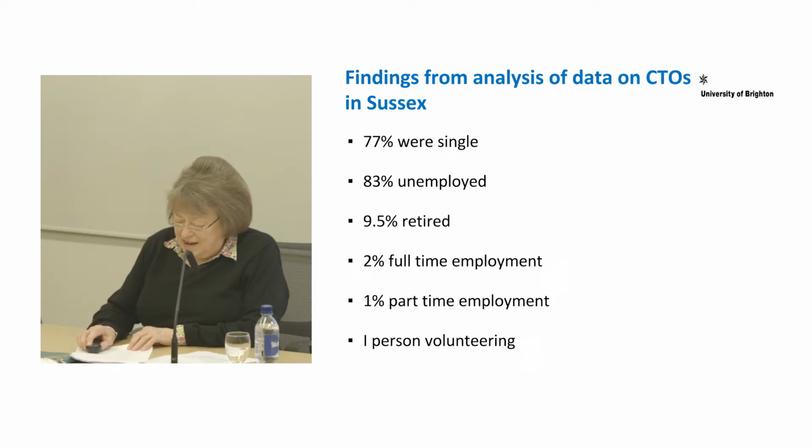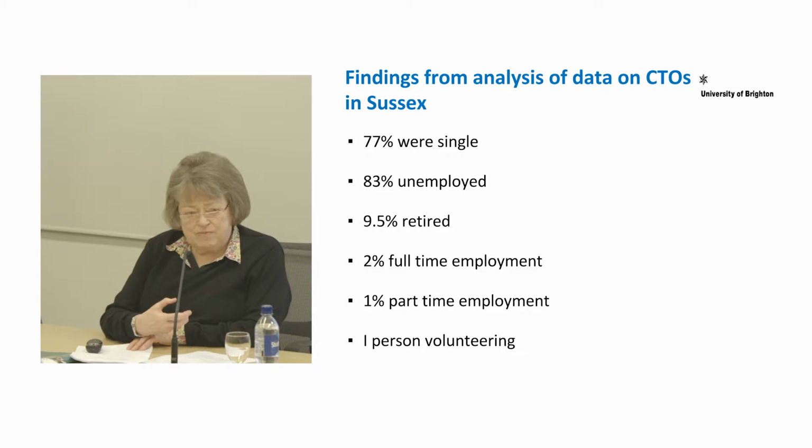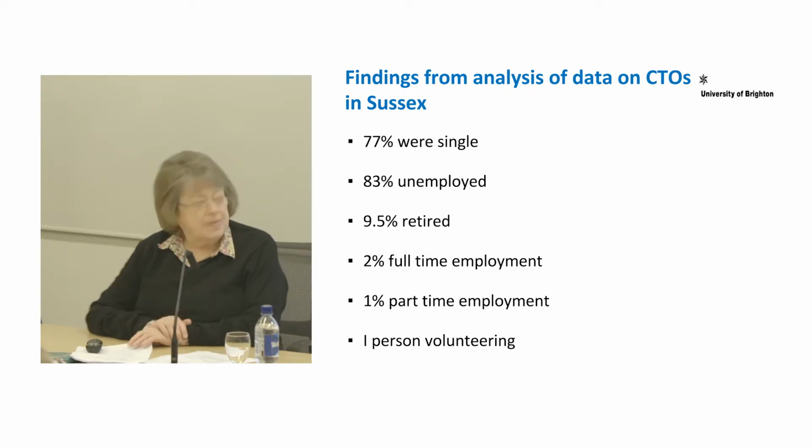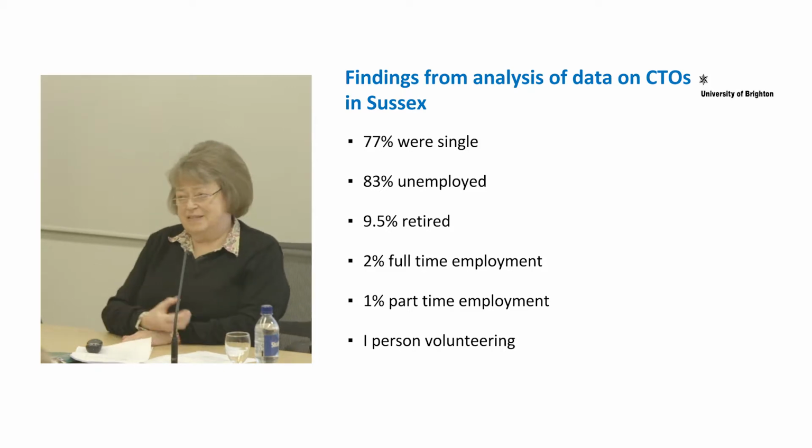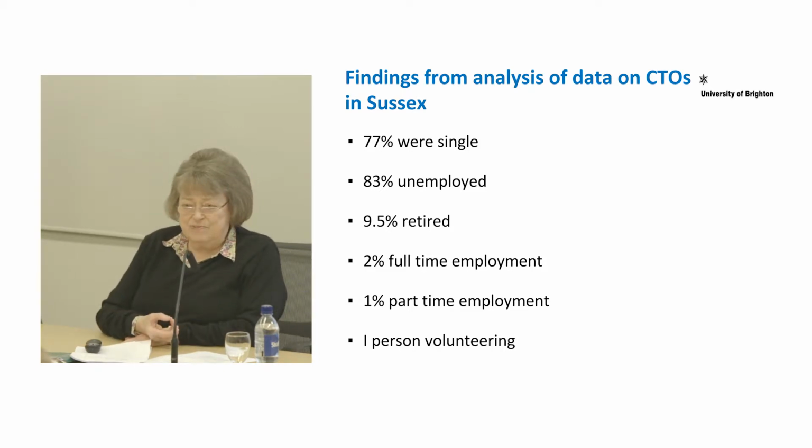But then, we found this data very helpful in informing our approach to interviews. You can begin to see that this is a very particular group. There's a preponderance of people who are single, a high number of people are unemployed, and you can see an absolutely minimal number of people involved in some kind of occupation.